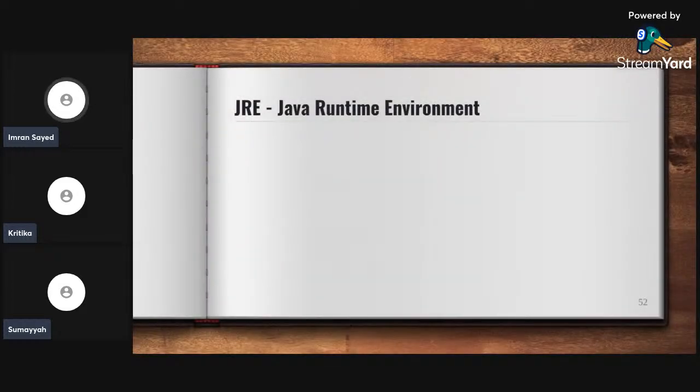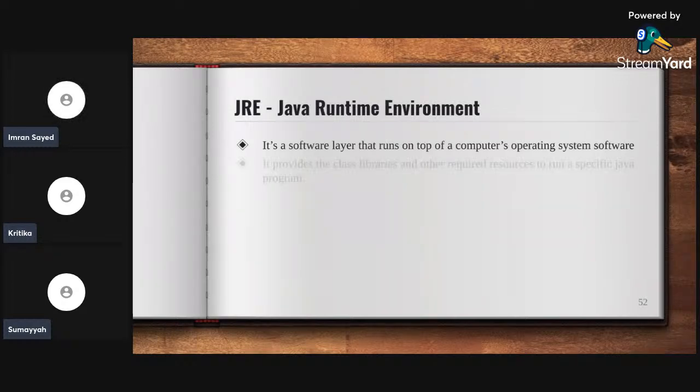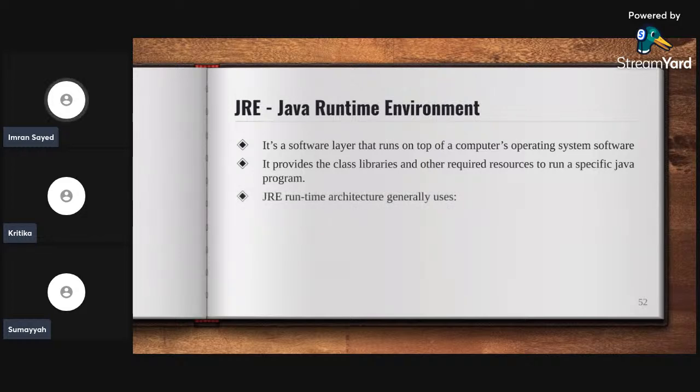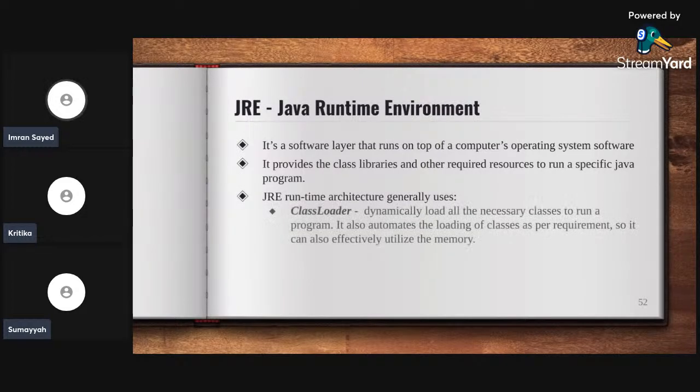Now we talk about the Java Runtime Environment. It is a software layer that runs on top of the computer's operating system and provides the class libraries and other required resources to run a specific Java program. The JRE runtime architecture generally uses class loaders, which dynamically load all the necessary classes to run the program.